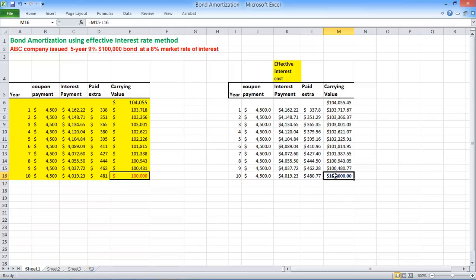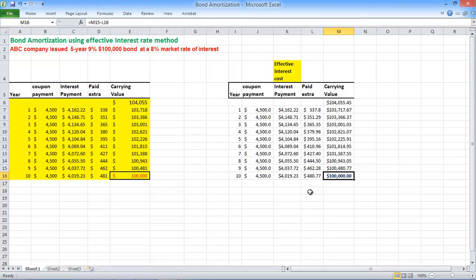Now this comes off the book because we're going to pay back the amount. We received $104, we borrowed this, and we paid some interest on it. And at the end of year 10, we have to pay back our lenders.